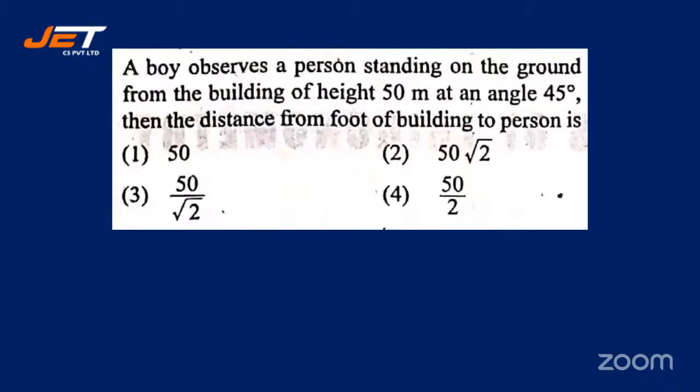Then the distance from the foot of the building to the person is dash. Right, so you can say that a boy observes a person standing on the ground from the building.